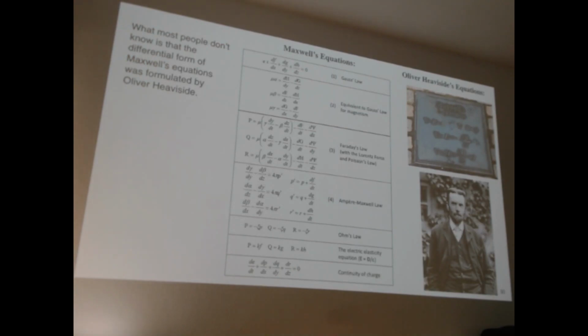Except that these are all the Heaviside equations. These are Maxwell's equations. He used quaternions, which is a really complicated way of doing things. Heaviside spent years working out what all this meant and produced the equations that we use today.